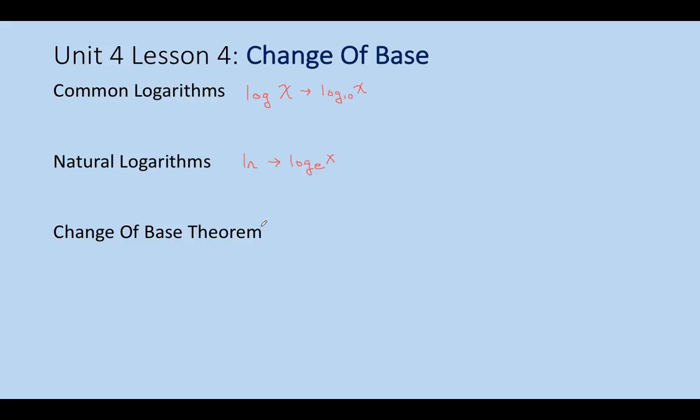And then the big thing, the change of base theorem. Well, here it goes. It says log base a of x is equal to log base b of x, the big thing here, divided by log base b of a, your base here.